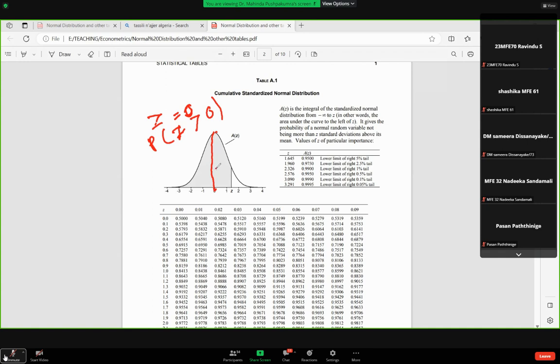Let's say less than, that means this area. The area under this curve is 1. If the area under this curve is 1, what is the probability of this part? It is 0.50.